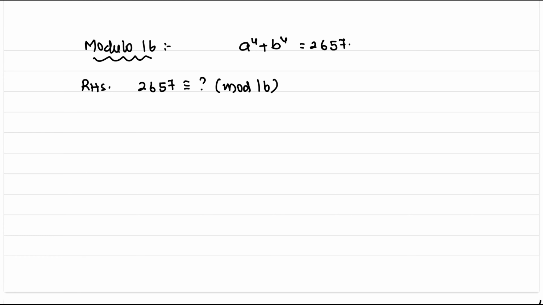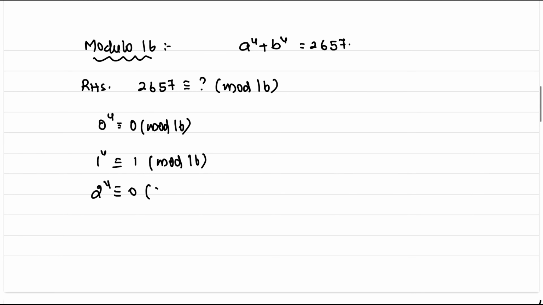You just see, 0 to the power of 4 is equivalent to 0 mod 16. 1 to the power of 4 is equivalent to 1 mod 16. 2 to the power of 4 is equivalent to 0 mod 16, because to the power of 4 is there, we have taken mod 16. 3 to the power of 4 is equivalent to 1 mod 16.